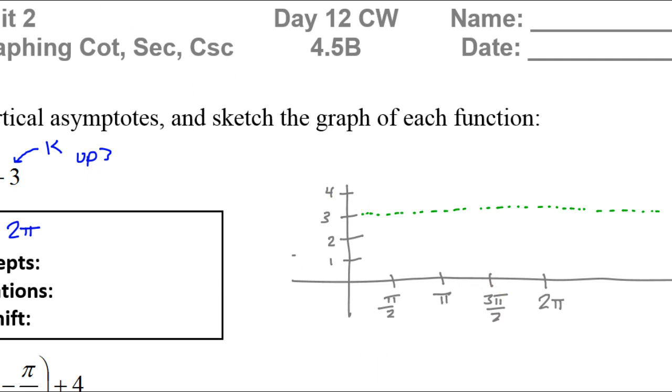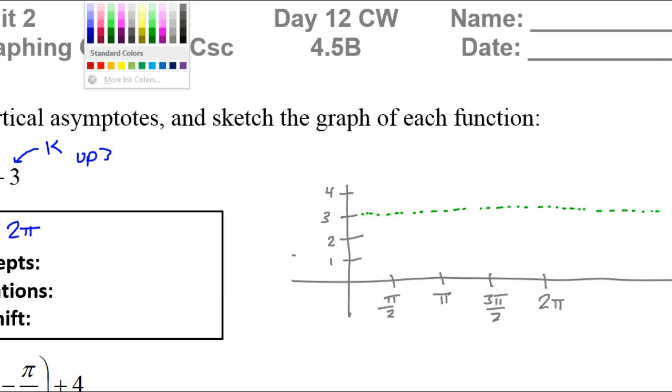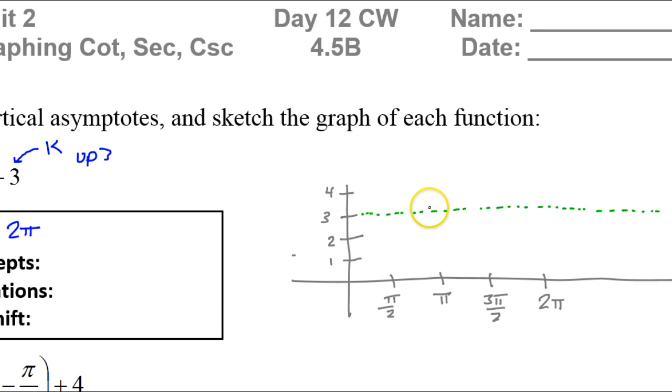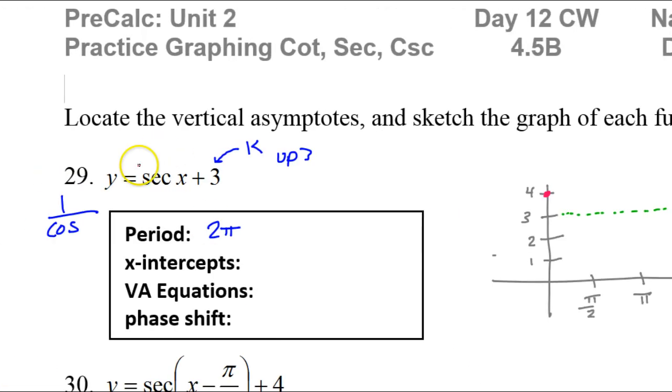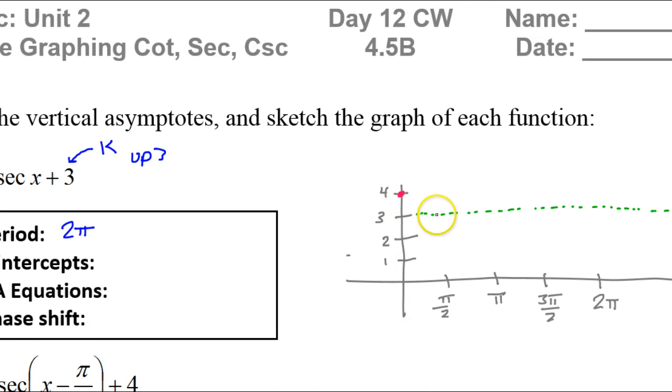Time to sketch the graph of my cosine function. So looking at the midline, I know that the cosine function always starts off the a value above the midline. So since the a value is just 1, I'm going to go 1 above the midline, and then the cosine function will fall back to the midline, and then it will be 1 below the midline, and then back to the midline again, and then it will end above the midline.